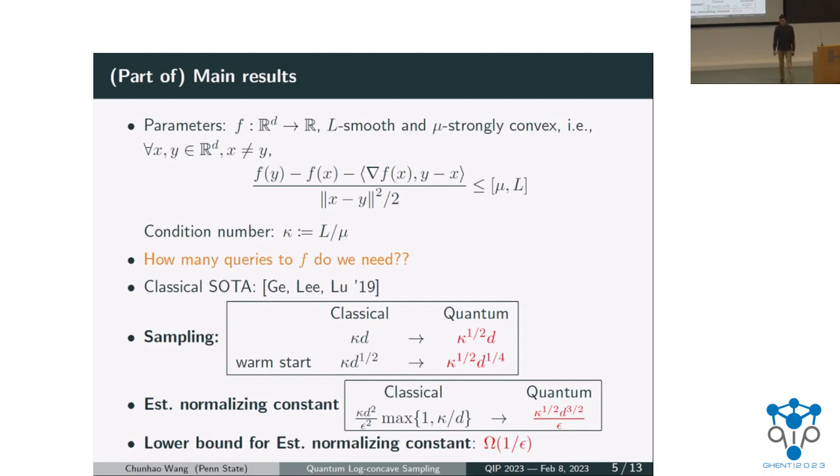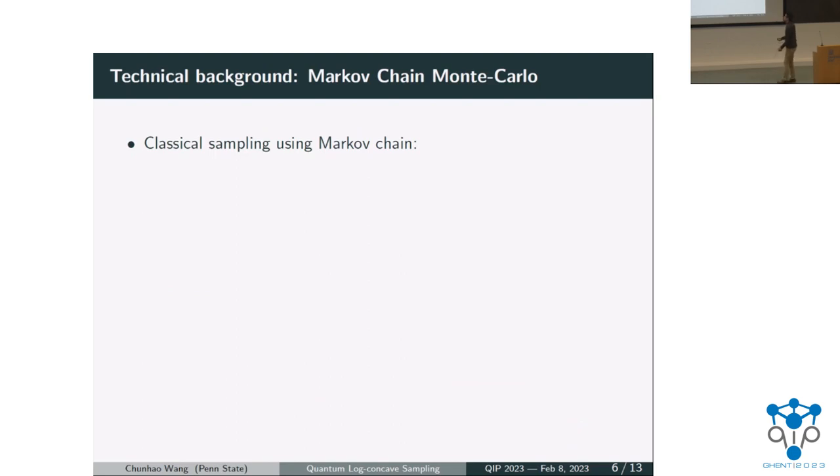Before I talk about the methodology for these two tasks, let me give you some classical background on Markov chain sampling. How do we use Markov chains to sample from some probability distribution? This is a Markov chain.